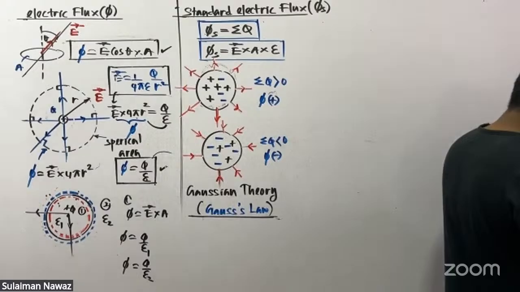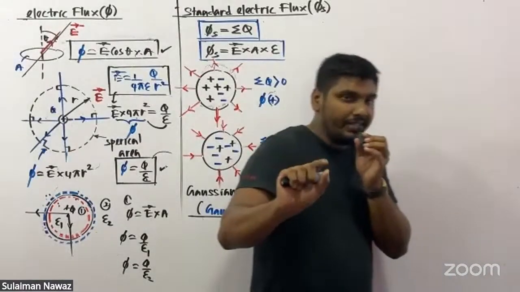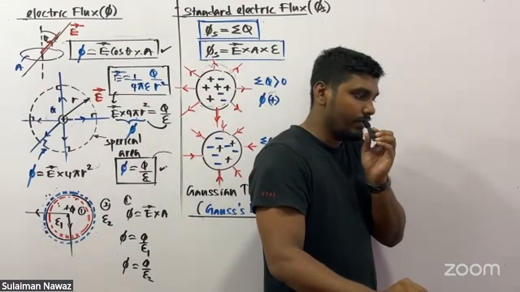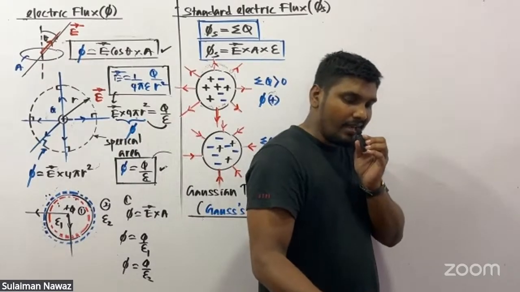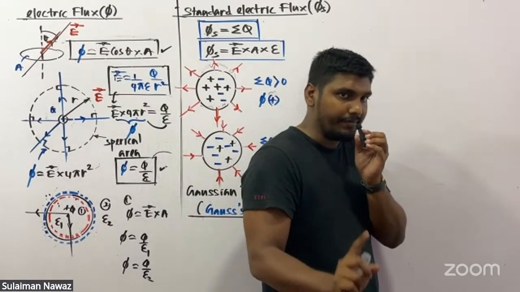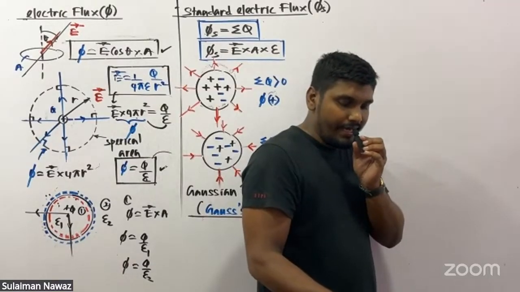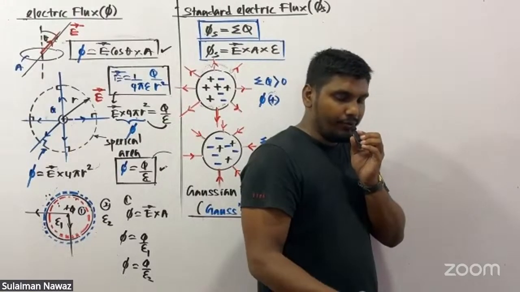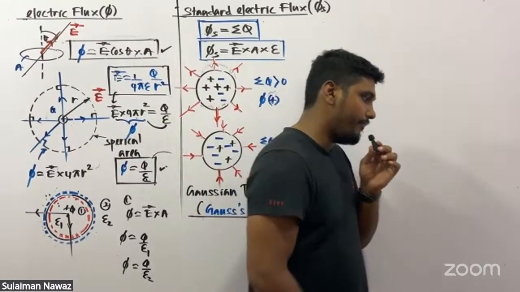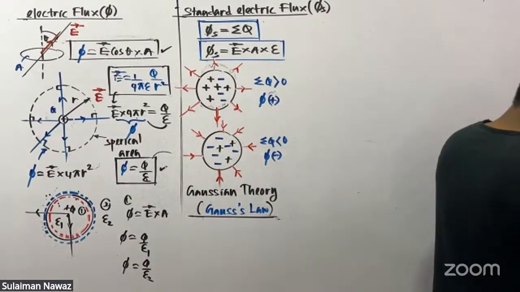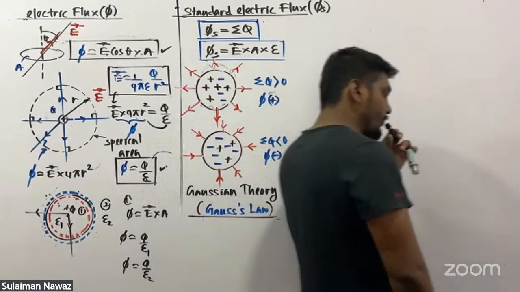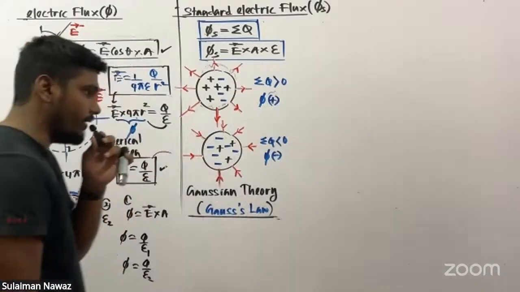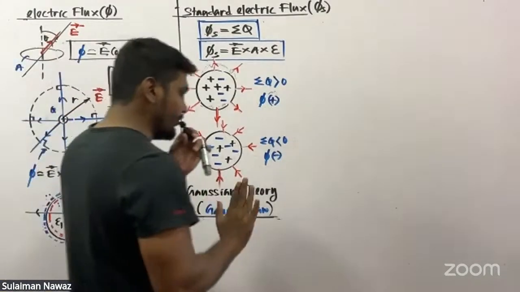Number one, linear charge distribution. Number two, area charge distribution. Third one, volume charge distribution.